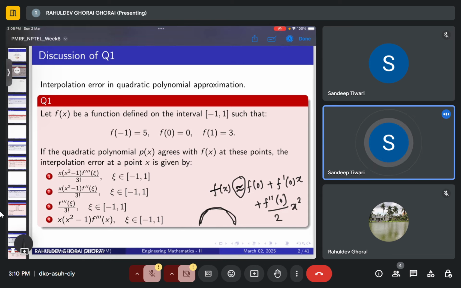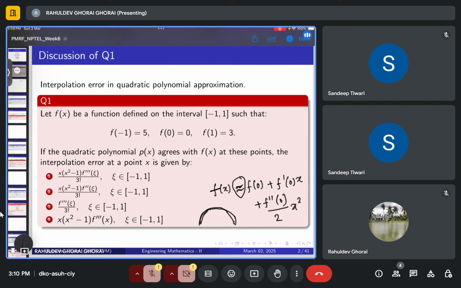Sir, this is the original function minus the approximated polynomial. Yes, exactly: original function minus approximate function.